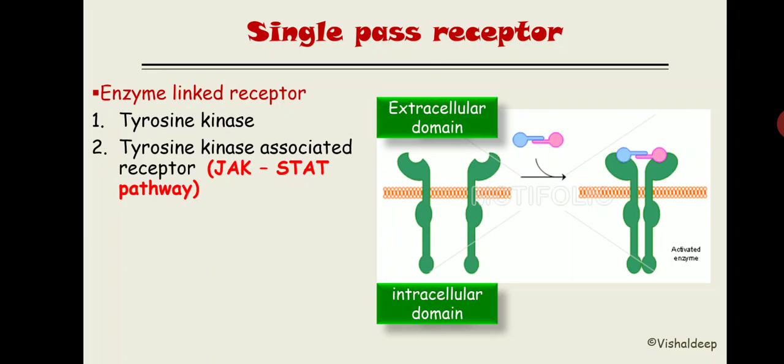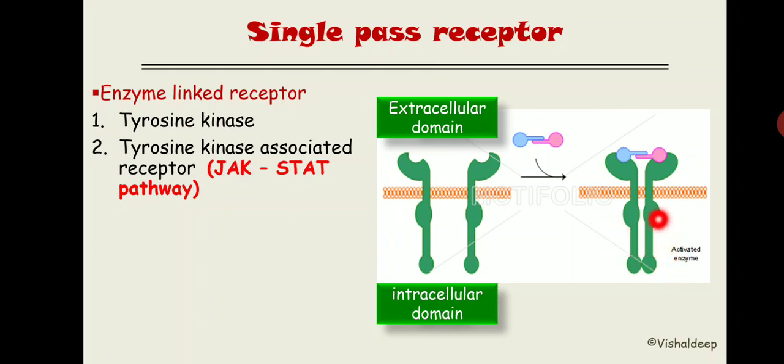Let me give you a very small hint how this single pass receptor will work. As its name suggests, it is an enzyme linked receptor. This intracellular domain, once it is activated, has a tyrosine molecule attached to it. It causes phosphorylation of that tyrosine molecule.